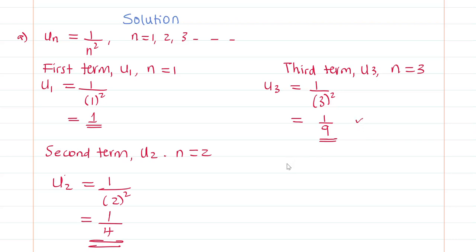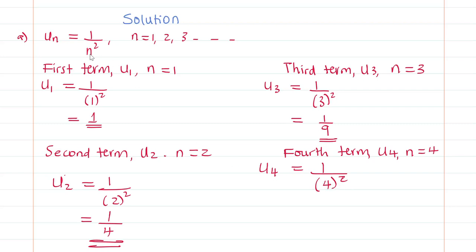Then finally, fourth term, that is u4, for which n must be 4. Then our u4 becomes 1 out of 4 squared.